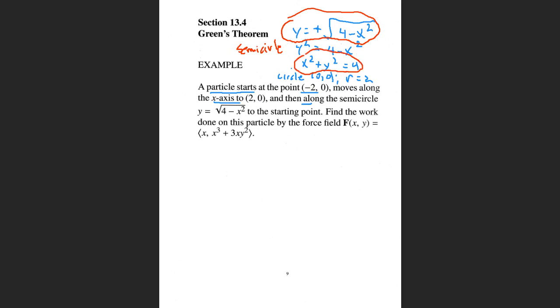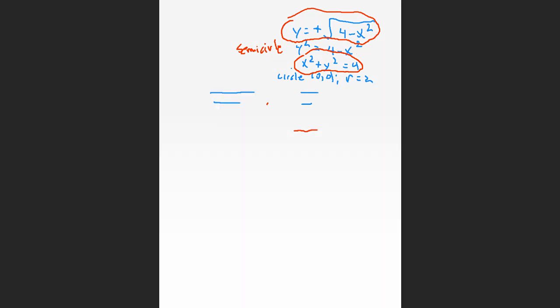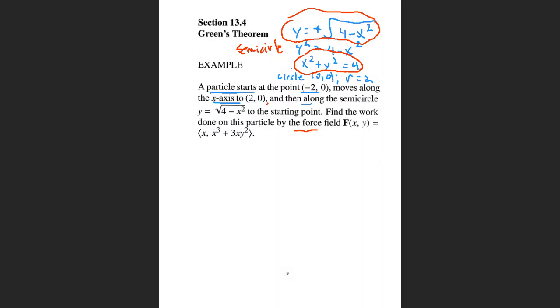So it makes perfect sense that that semicircle would go from the point 2, 0 back to the point -2, 0, which is the starting point. We want to find the work done on the particle that moves along this semicircular path, with, of course, the line segment below, if this is your force field.